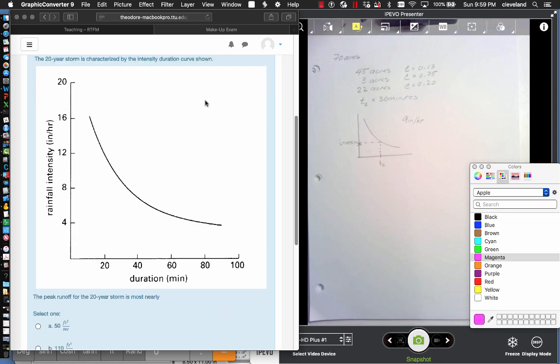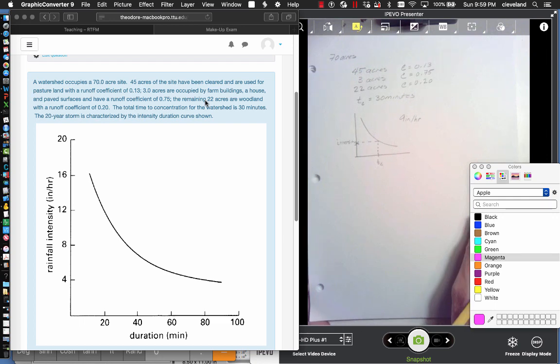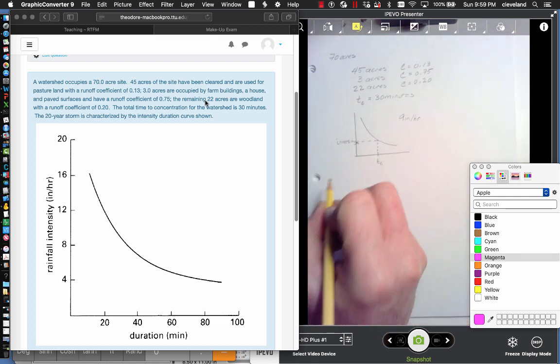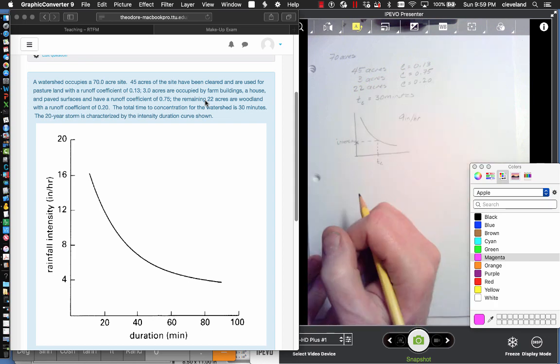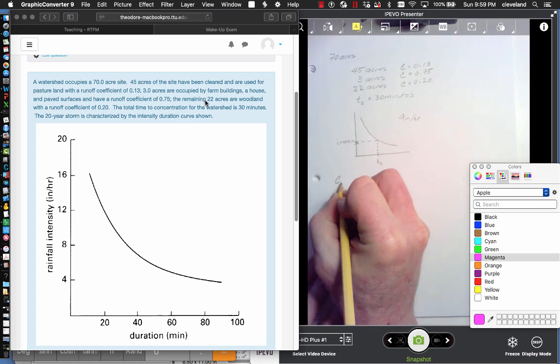And we're asked to find the peak runoff for the storm. So in this case, we could calculate the runoff for the 3 areas and add them together, but I think it'd be much more convenient to produce a composite runoff coefficient.